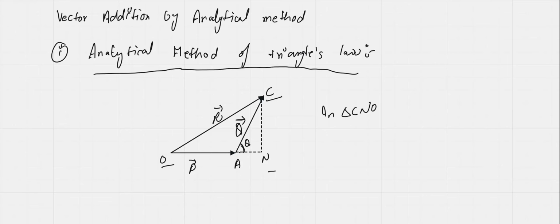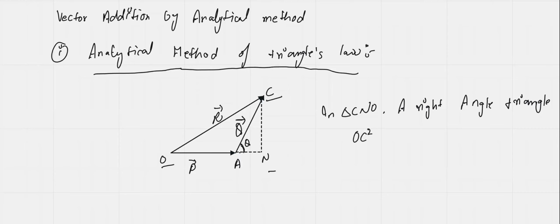In CNO, I can say that this is a right angle triangle. I am interested in the magnitude right now.